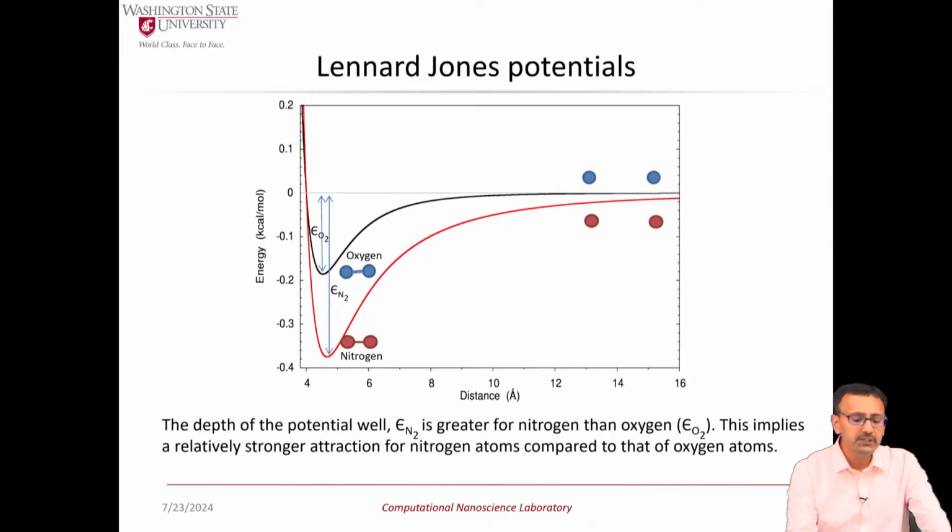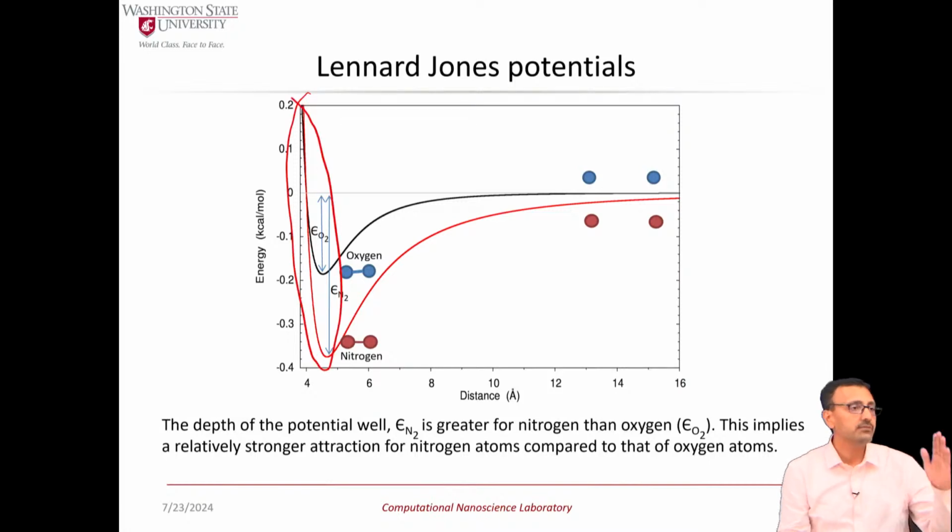So I'll just briefly talk about the most common potential here, which is Lennard-Jones, though tomorrow when I talk about molecular dynamics, I'll show you a wide range of interaction potentials depending on what sort of system you are looking at. The simplest ones in theory are the Morse potential or the Lennard-Jones potential, which basically has a dispersion term and a short range repulsion term. So if you have atoms that come very close, then you have almost a rigid wall.